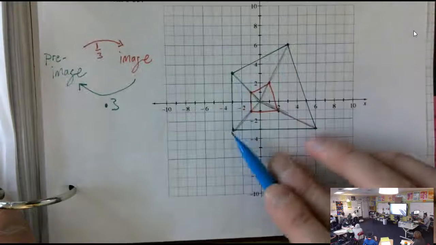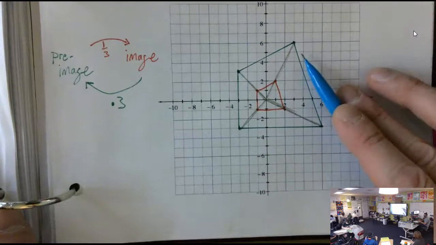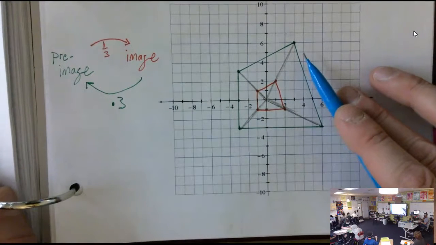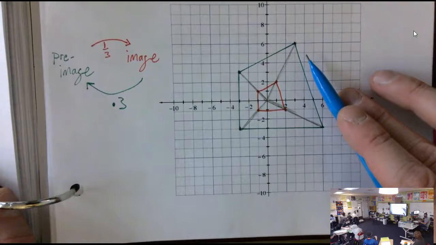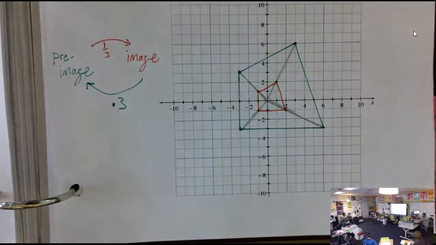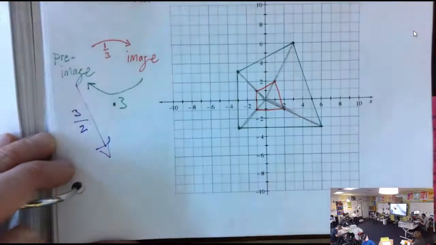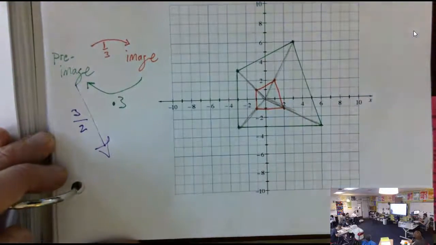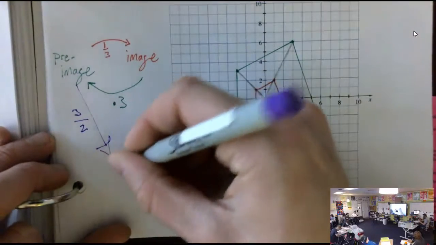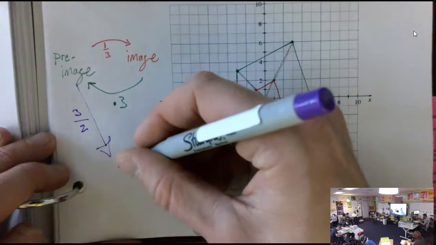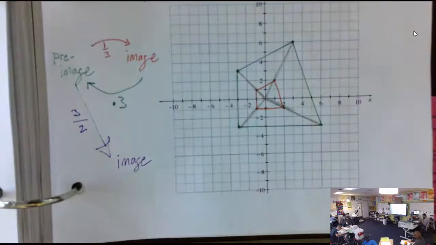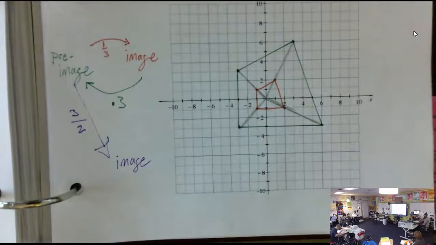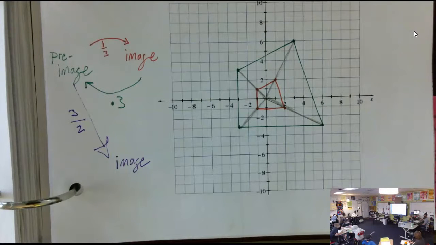Could you take this green shape and dilate it by 3 halves? Could you now dilate by 3 halves to some new image? You could, but I don't know if it'd be on the ground. What's the easiest way to multiply by 3 halves? 1.5. I don't like decimals though.